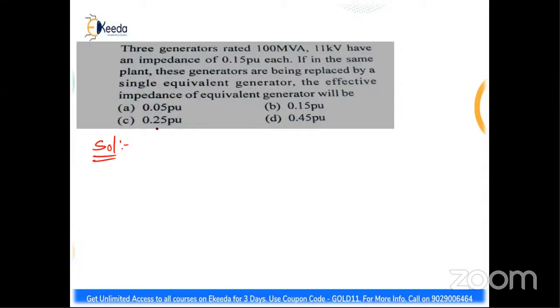Solution. Here we are going to apply Thevenin's theorem. Applying Thevenin's theorem, we know that ZTH is equal to 0.15 divided by 3.